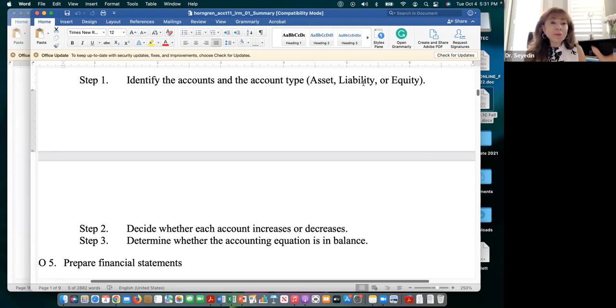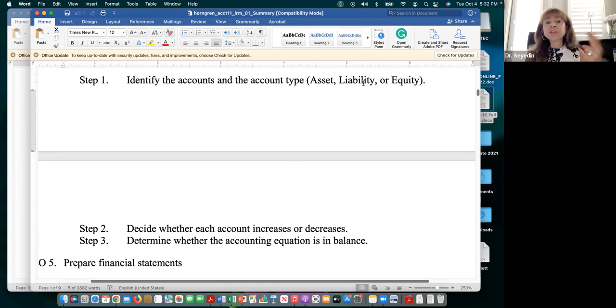So the accounting equation, the most important topic out of chapter 1, is assets. We went over assets equal liabilities. And I said liabilities are what the business owes. They can be divided into two forms: current liabilities, also called short-term liabilities, and long-term liabilities.